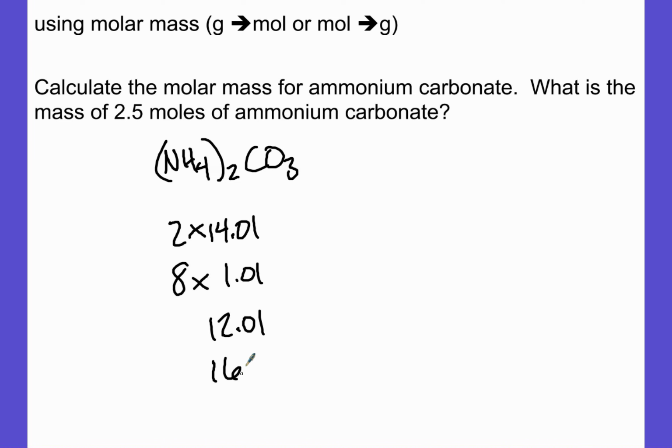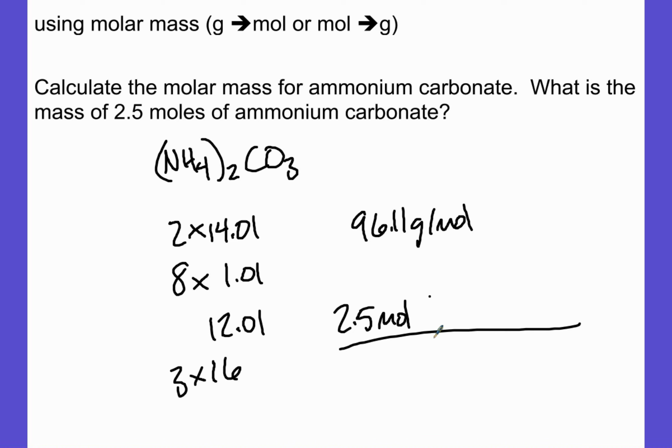You need to know that oxygen's 16 and that there are 3 of those, so that you can get a total mass here of 96.11, so that you can actually do the problem, because this isn't even the problem yet. The problem actually asks you to change 2.5 moles of said substance into grams. So I need to multiply by this 96.11.